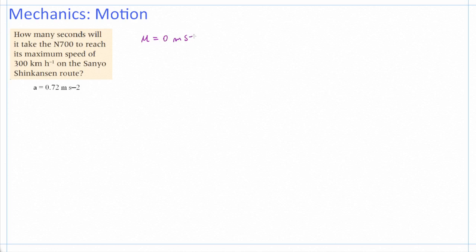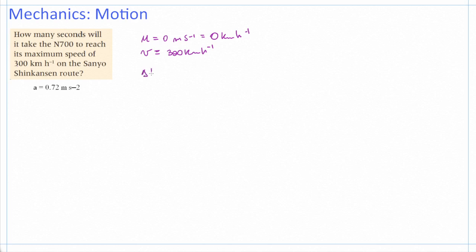So 0 meters per second. Our final speed is the maximum speed we're looking for, which is 300 kilometers per hour. We could even write this as 0 kilometers per hour. 0 is 0, unless we're talking about temperature, Kelvin, and some other conversions. Here it doesn't matter: if you're walking 0 meters per second, it's 0 kilometers per hour as well.